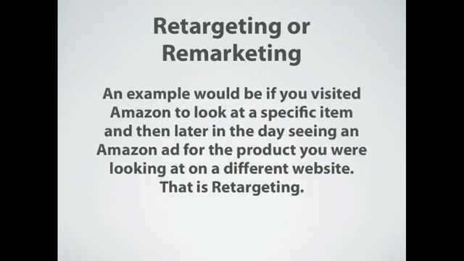A perfect example of that would be if you went and visited Amazon today to look at a specific item. Say you were looking at headphones. And then later on in the day, you saw an Amazon ad for that exact same product that you were looking at earlier in the day, but on a different website. That right there, that's retargeting, and it's very powerful.